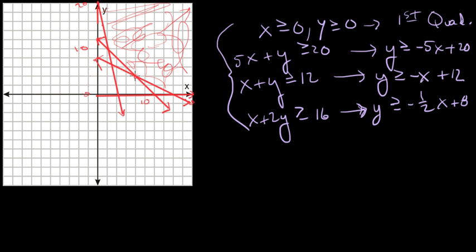So I'm going to worry about this point and this point and I think this point here. And what I didn't tell you before, and I pulled this right out of the book, your objective function is s equals 2x plus 3y.